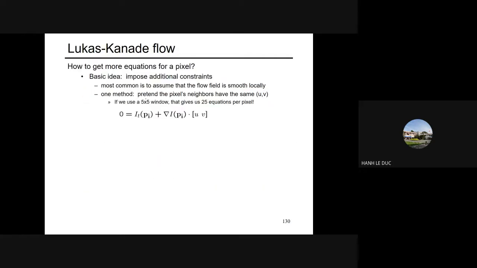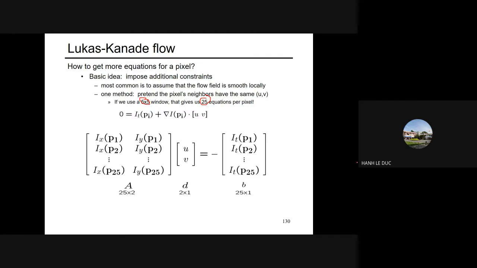Point 1, point 2, and then point 25, inside the rectangle we draw. And then we have this matrix, and this matrix.